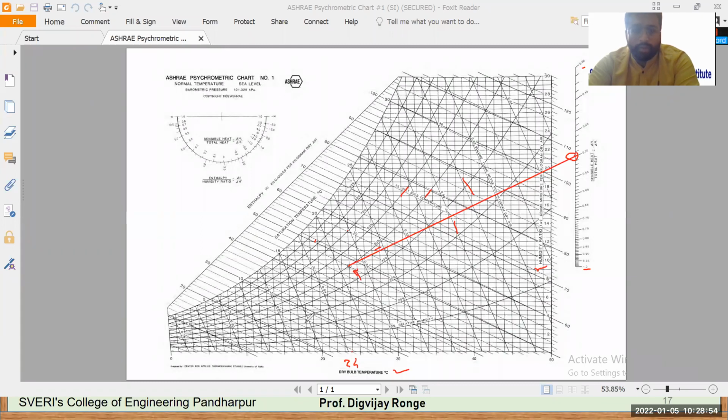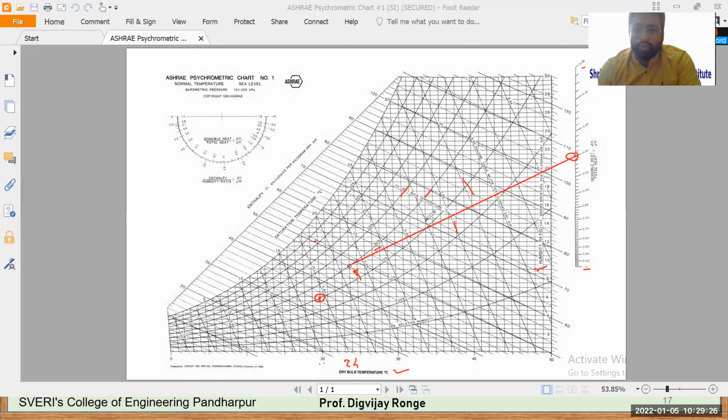So it comes out to be here. This is your design condition or room condition.